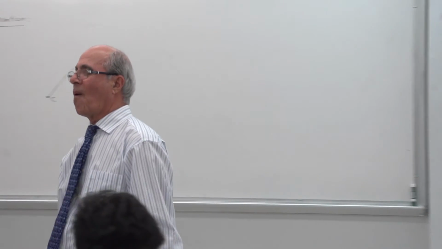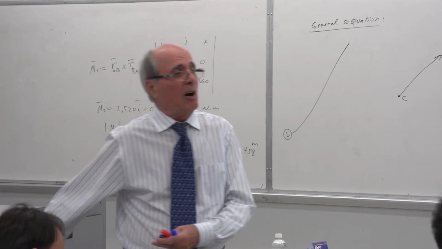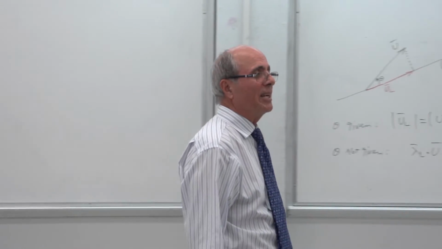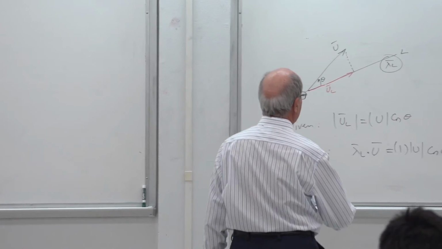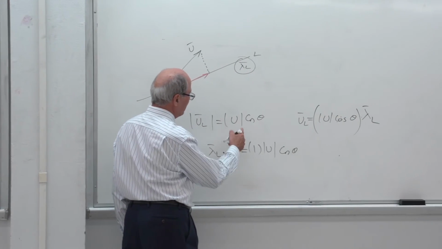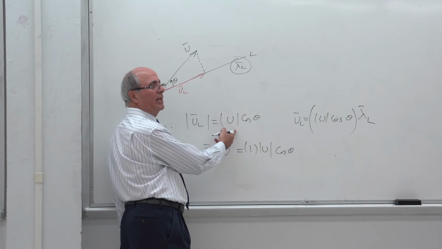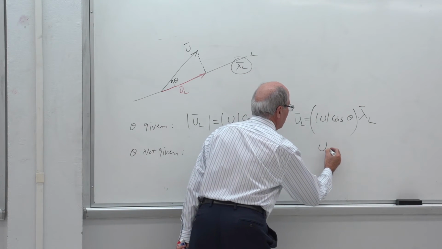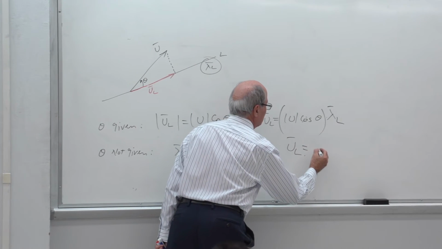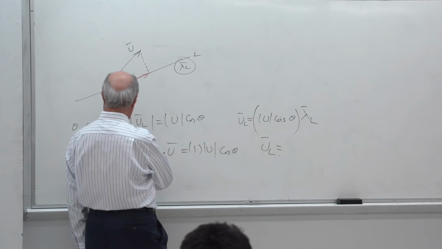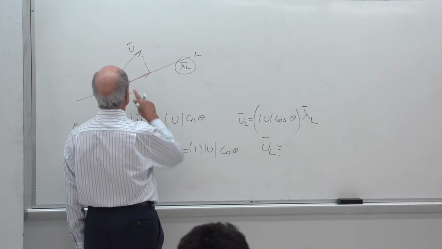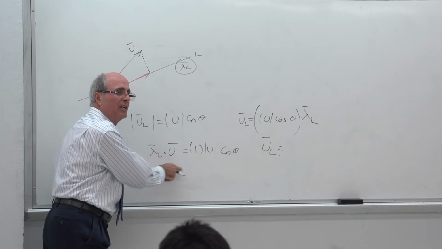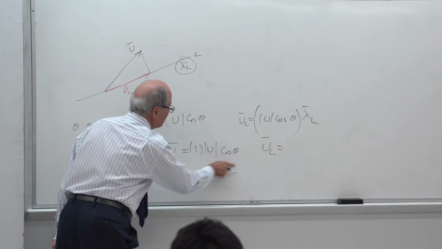That's how we find theta in the other problem. Remember, I used the same format. Everybody see that? Lambda L dot U is exactly this. Therefore, UL is equal to, instead of that, if theta is not given, here theta is given, I use it. When theta is not given, instead of theta I'm using a dot product, which ends up exactly the same.